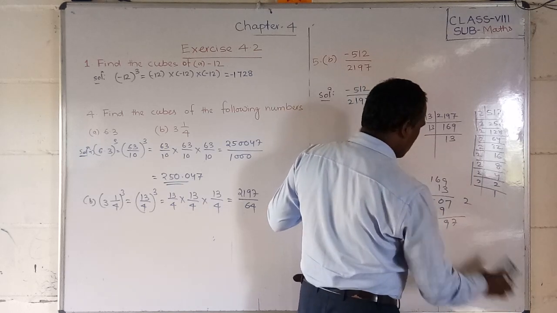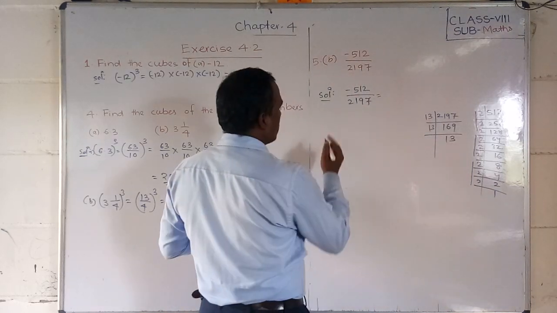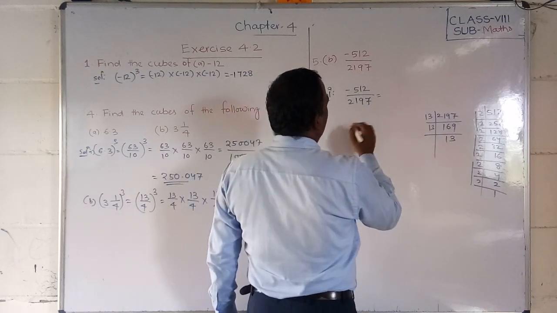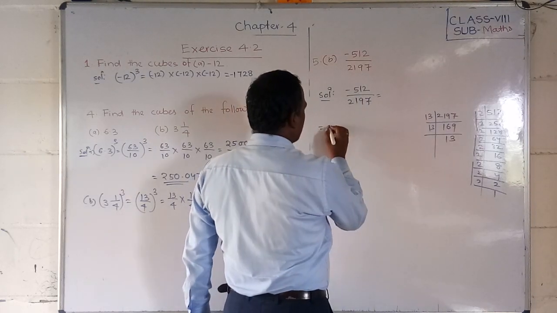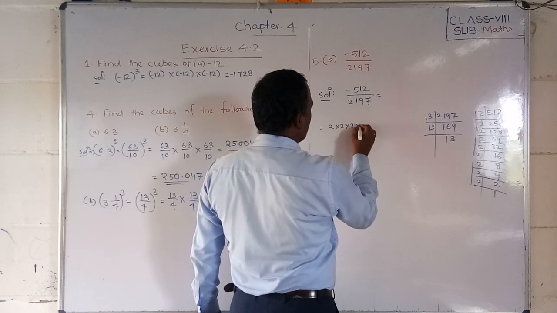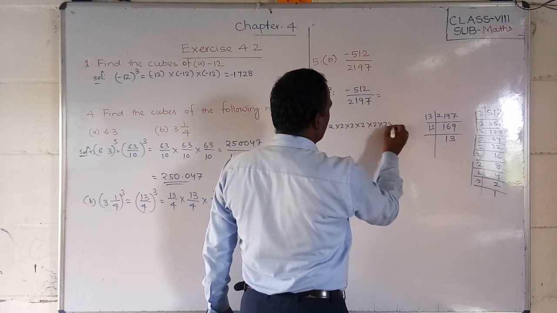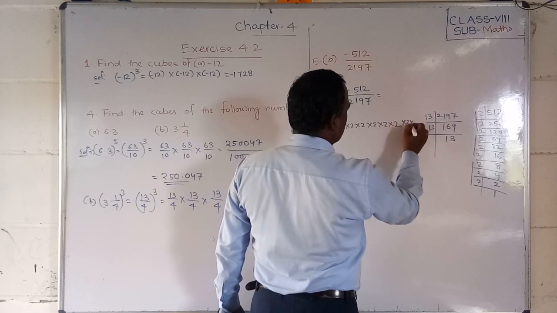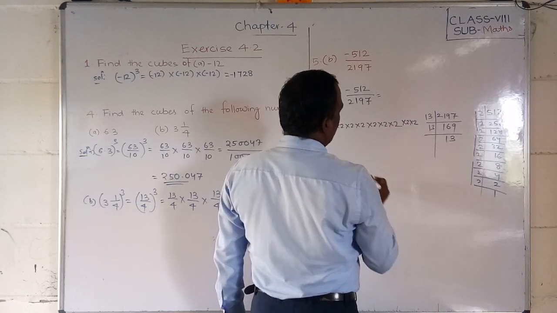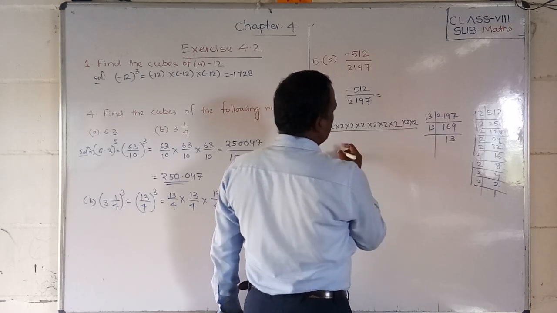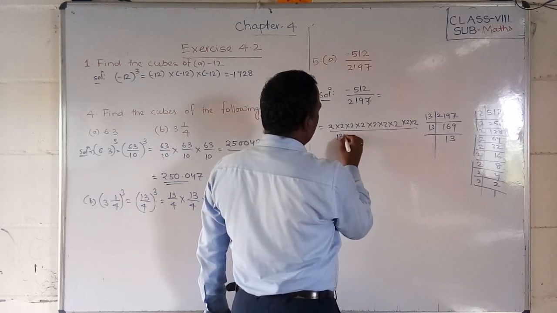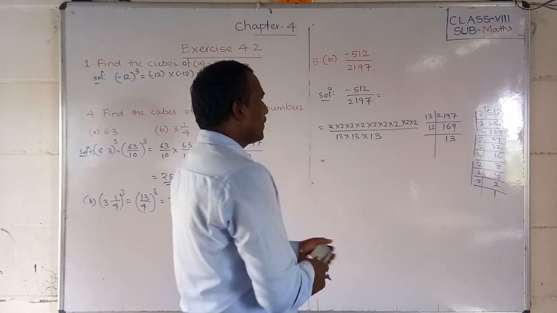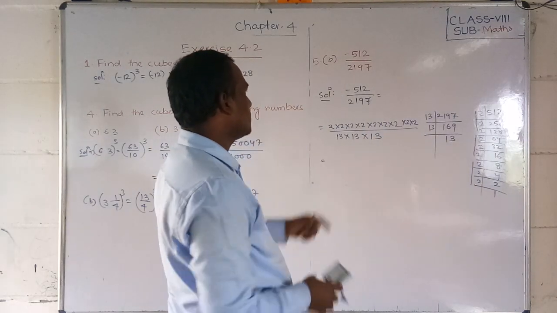Now we can write minus 512 as 2 into 2 into 2 repeated nine times, and 2197 as 13 into 13 into 13. Friends, what I told you: if it is a negative answer, then it is compulsorily negative.